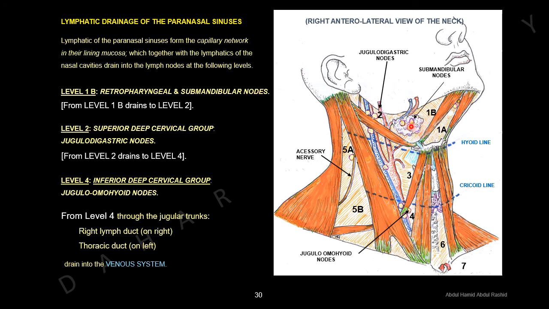From level 1B drains to level 2, also called jugulo-digastric nodes, or the superior deep cervical group. From level 2 drains to level 4, which is the inferior deep cervical group, also called jugulo-omohyoid nodes. From there, on the right side through the right lymph duct and on the left side through the thoracic duct, drain into the venous system.